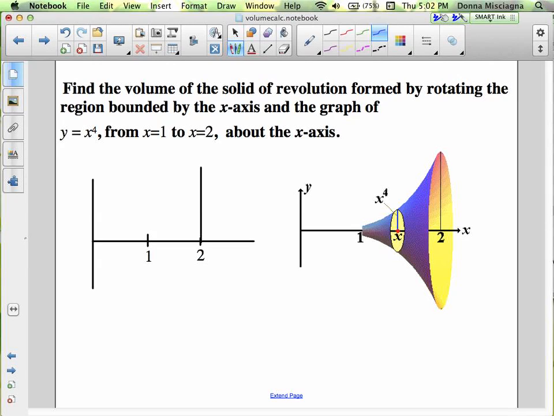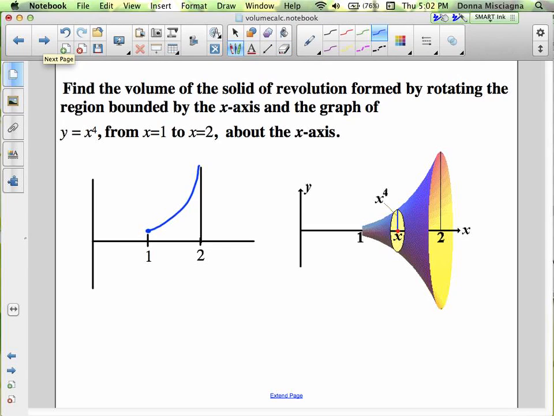I don't really need to put it over here at 0, since we're going from 1 to 2. At 1, 1 to the 4th is 1. It looks just like a parabola. If I continued it over here, it would go to 0, but that part's not really important because it only goes from 1 to 2.